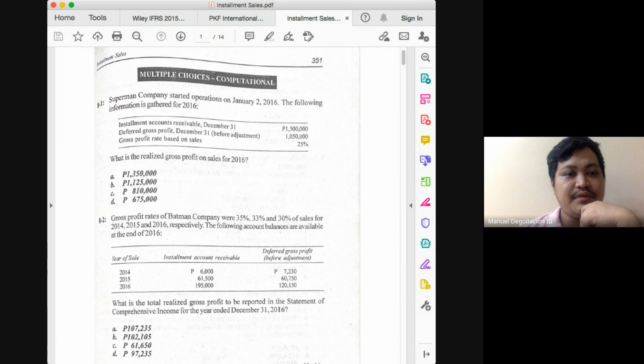Because the 1,050,000 here, the DGP before adjustment, would already represent the markup on your installment sales. Now, normally your before adjustment DGP is the markup on your beginning receivable and your installment sales for the year. But in this case, the before adjustment will just be the markup on the installment sales for the year because we will not have any beginning receivable.